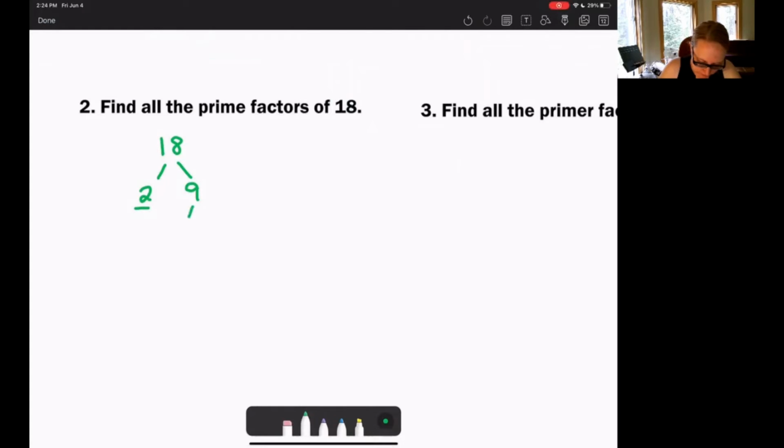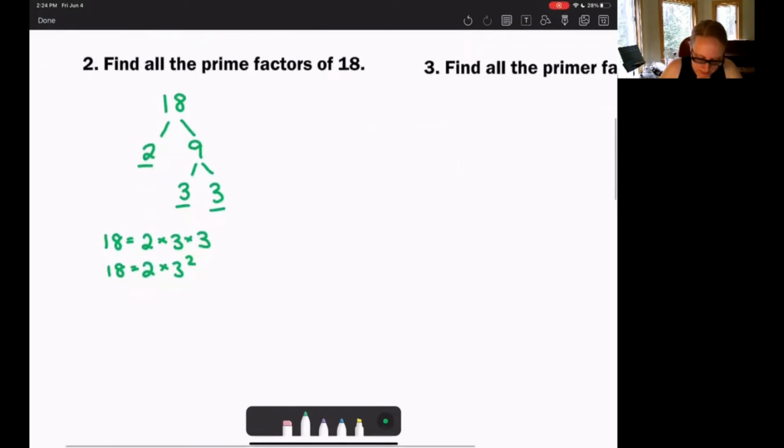We can break that down further. So we know 9 is 3 times 3. Since 3 is prime, we're now done. And we could write this in another form. We could say 18 is 2 times 3 times 3, or you could even write that in exponential notation like this. 18 is 2 times 3 squared.